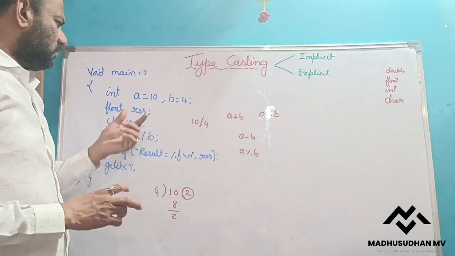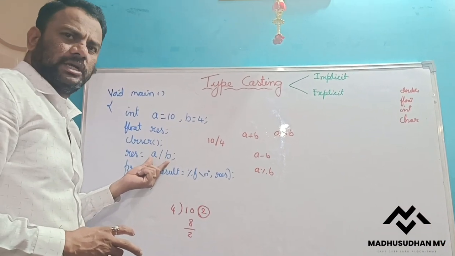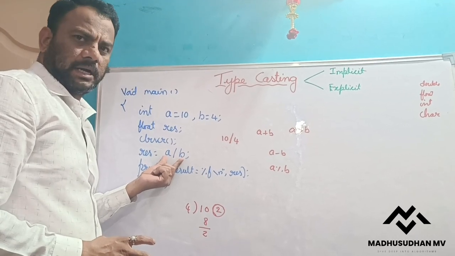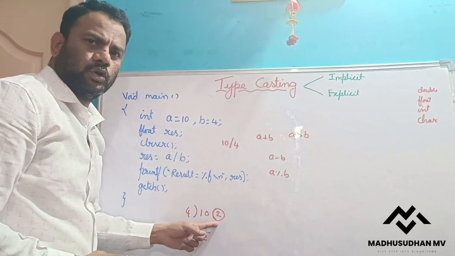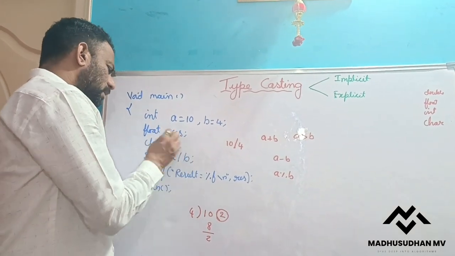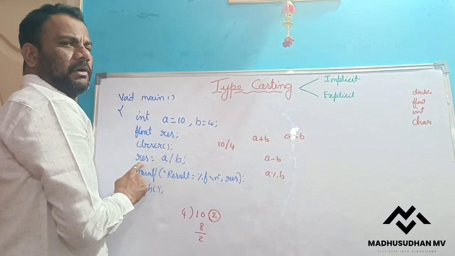Now I am using 2 variables as integer, and I am doing division on these 2 integer variables. Both are the same data type, so 10 divided by 4 gives 2. When I assign this 2 to res, the 2 is an integer value and res is a floating point value.